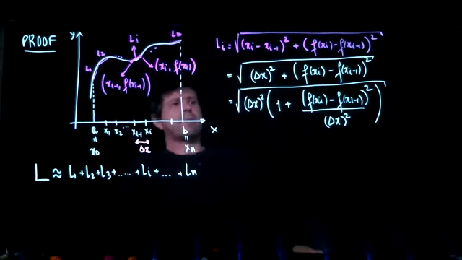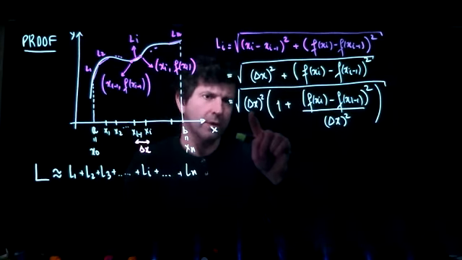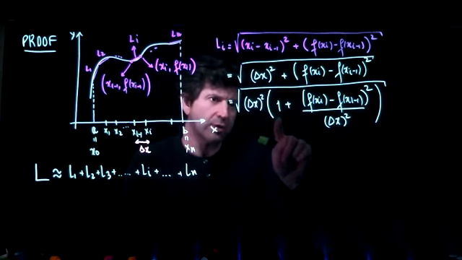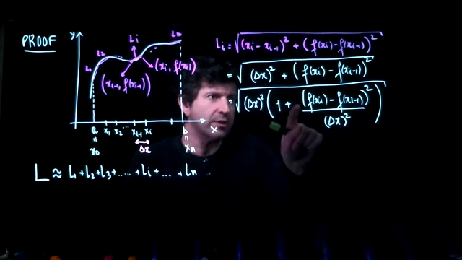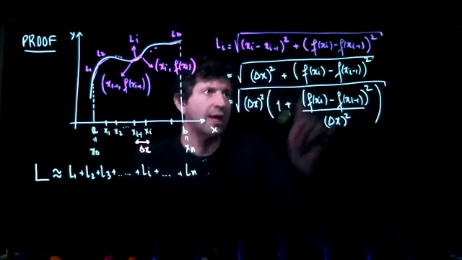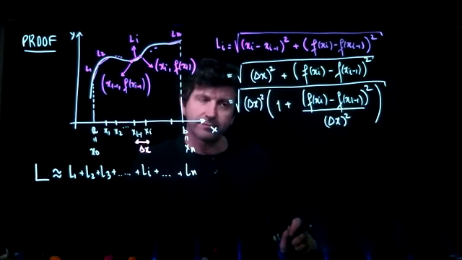Do you understand this step? Okay, if I multiply delta x squared times 1, I get this guy. And if I multiply delta x squared times this here, the delta x squared will cancel. I'll be back with this guy.